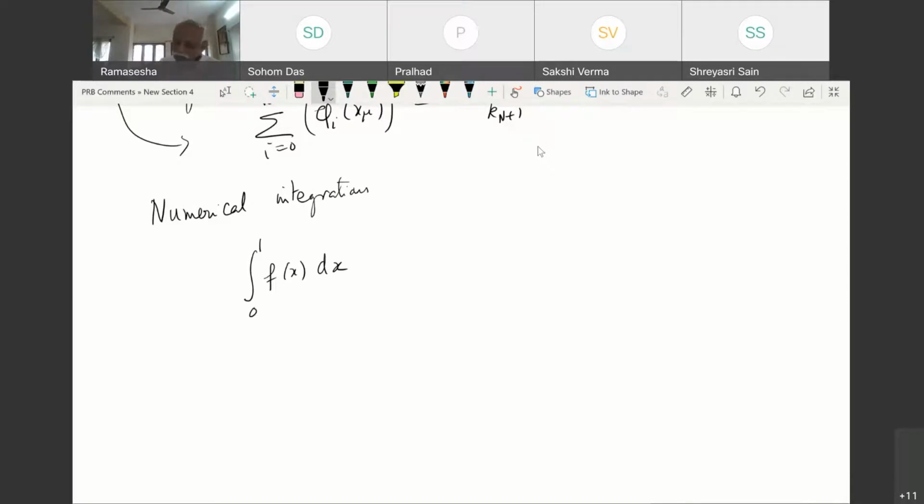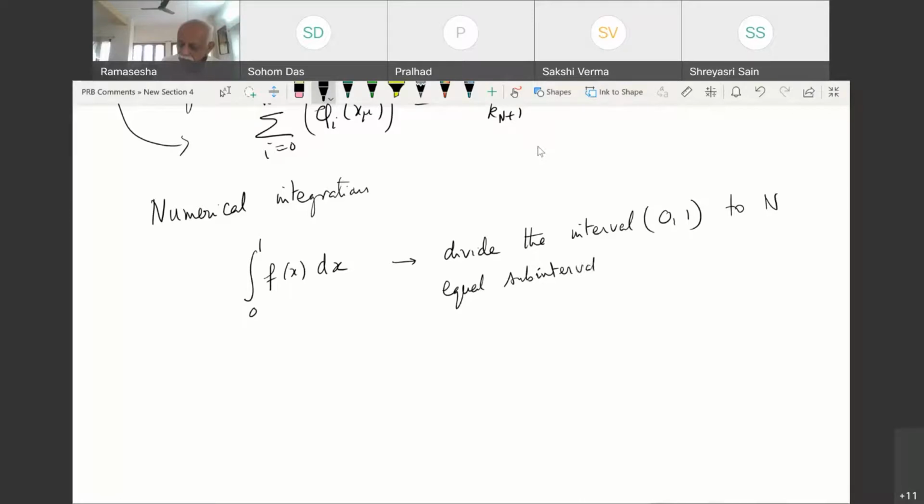So how does one do this numerically? You divide the interval into n equal subintervals. So you have 0 to 1, with n intervals. Let me call the points 0, 1, 2, etc.